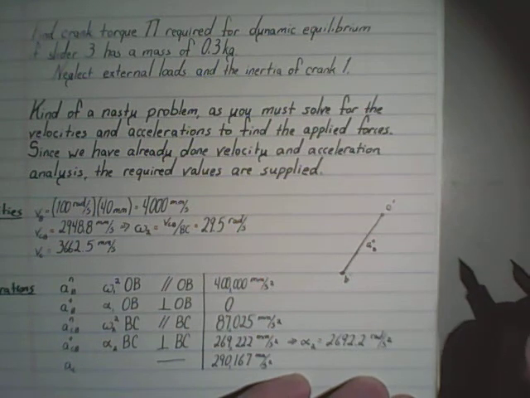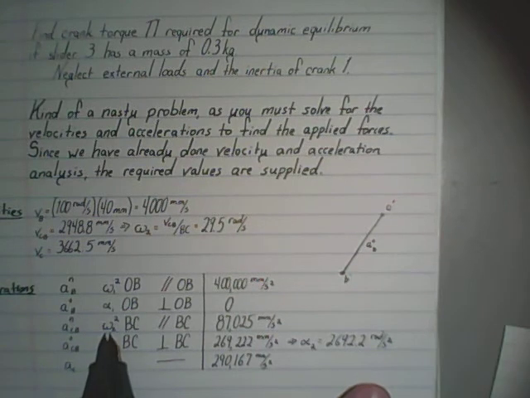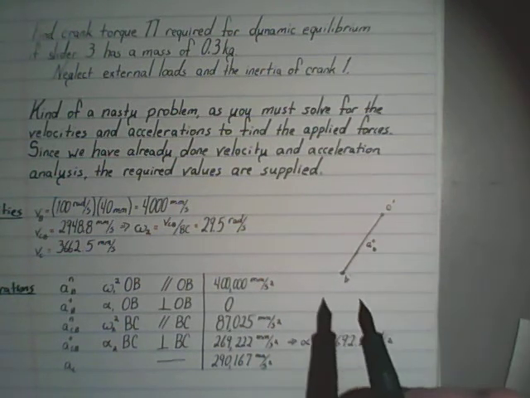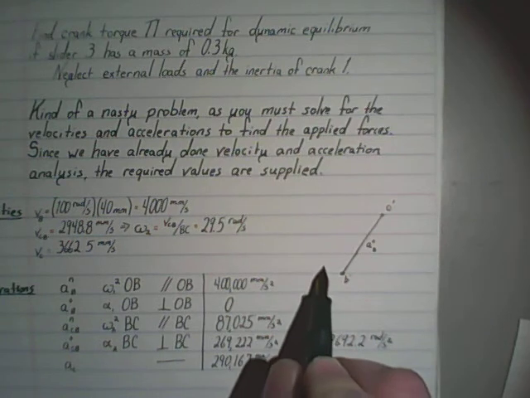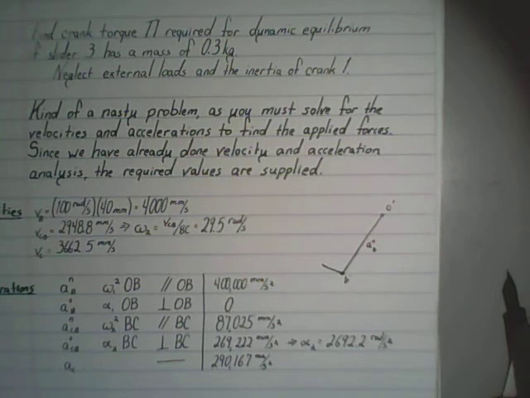The next thing we would put in is the normal acceleration of C with respect to B, which we calculated down here as omega 2 squared times the length of the conrod. It's 87,000, so it's only about a quarter of the length of this line, and it is parallel to the conrod. So I'll go ahead and just sketch that in. This is not drawn to exact scale, it's just to show you the issues.